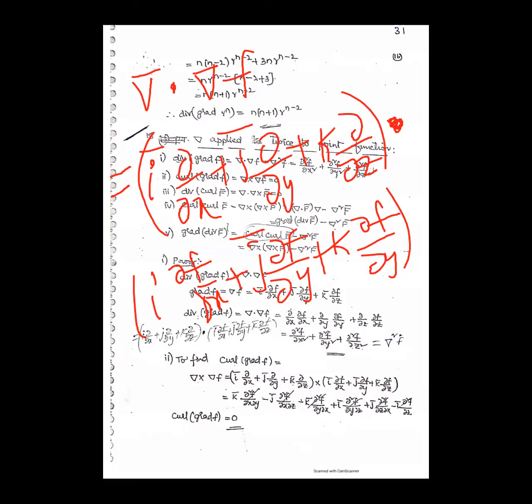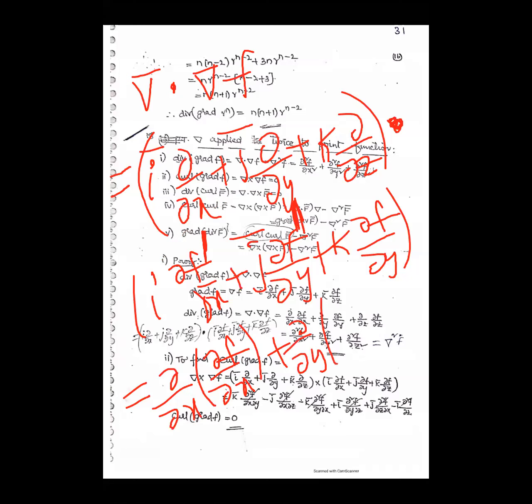So in dot operations we multiply corresponding terms only. That is i dot i, so the first term is dou by dou x into dou f by dou x, plus j dot j, the second term, dou by dou y into dou f by dou y, plus similarly k dot k, the last term, dou by dou z of dou f by dou z.